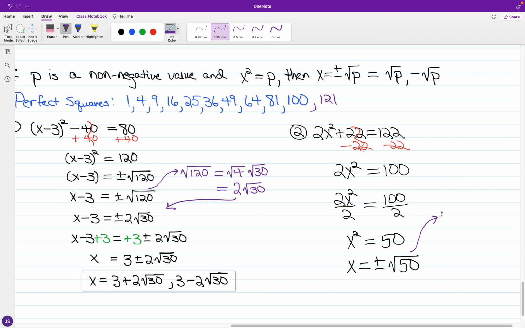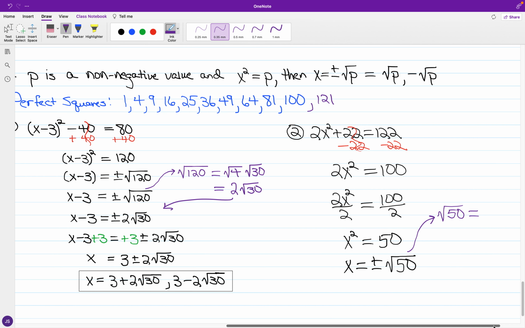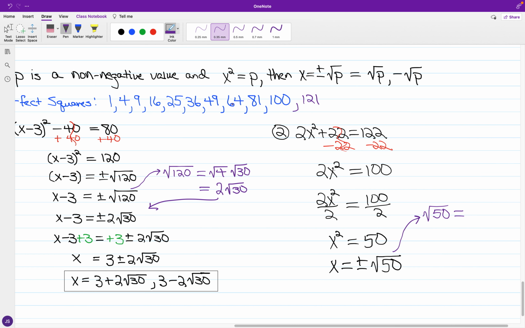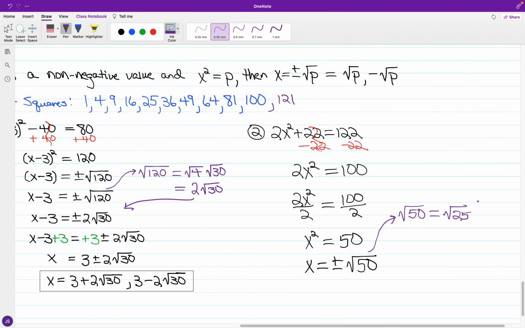So for the square root of 50, the highest perfect square divisible into 50: 49 will not go into 50, 36 will not, 25 will. So we have the square root of 25 times the square root of 2. Square root of 25 is 5, times the square root of 2.